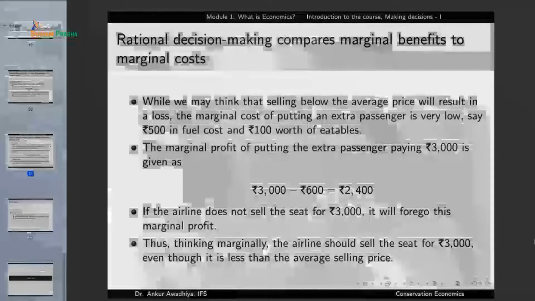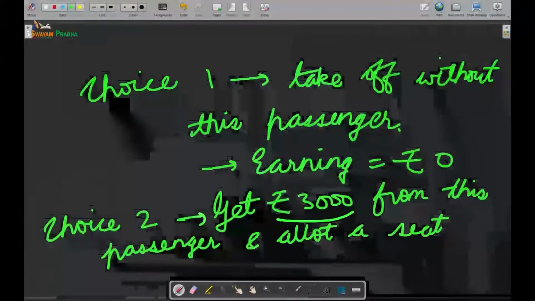rupees. And when this passenger is there in the aircraft, you'll probably serve him a bag of peanuts or certain snacks. What is the cost of that snack? Now, suppose the cost of this snack is 100 rupees. So in this case, the aircraft will be earning 3000 rupees.